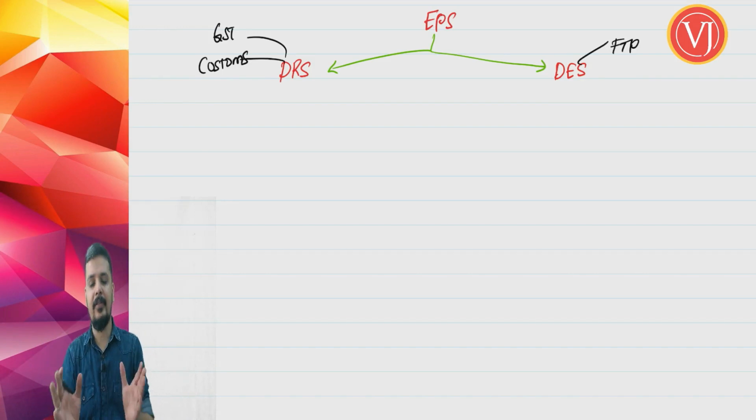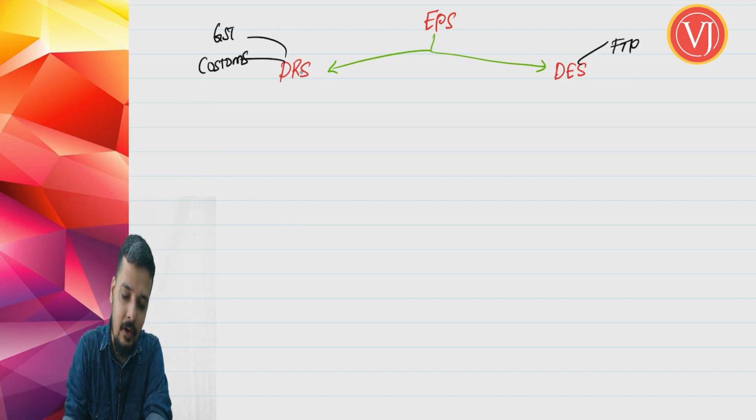First you have to understand that export promotion schemes can be categorized into two: the duty remission scheme and the duty exemption scheme.